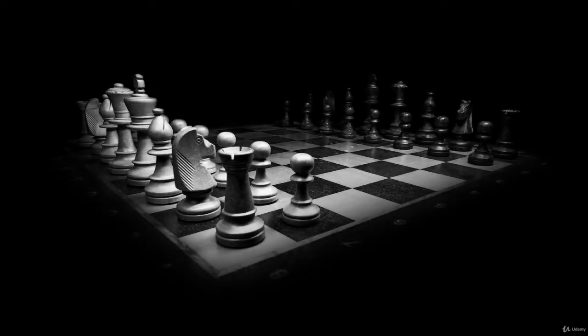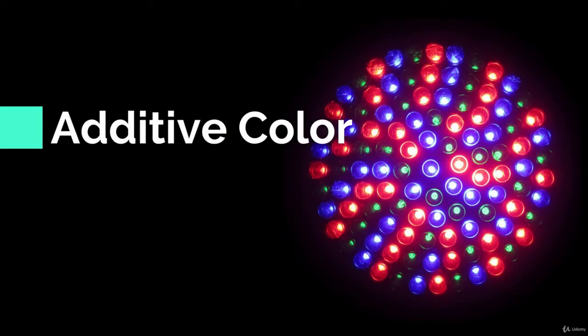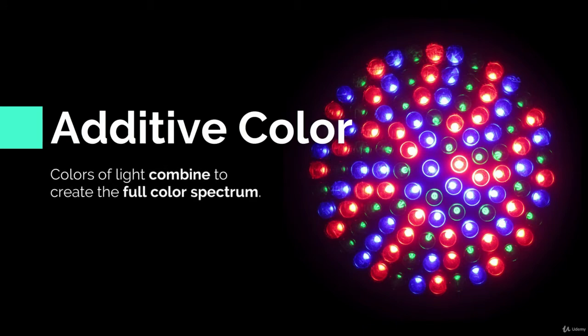Since we are talking about light, you also know that wherever there is no color being reflected, we get black, and wherever all of the colors mix and reflect together, we get white. This is called an additive color system because the colors are based on lights being added together to create all of the colors.